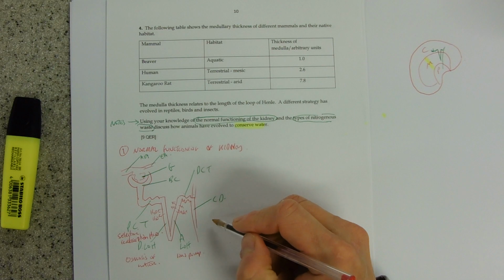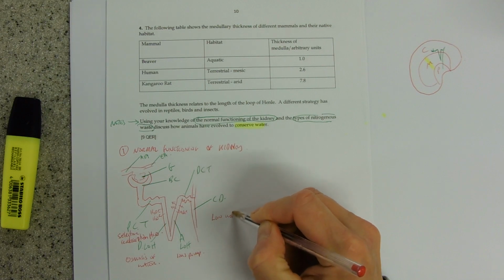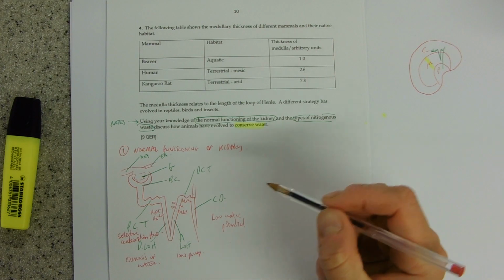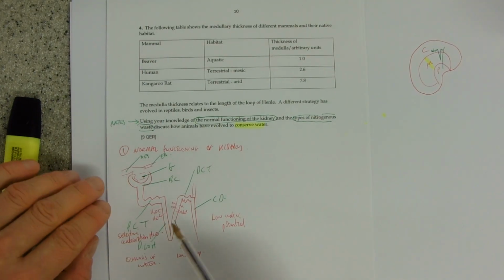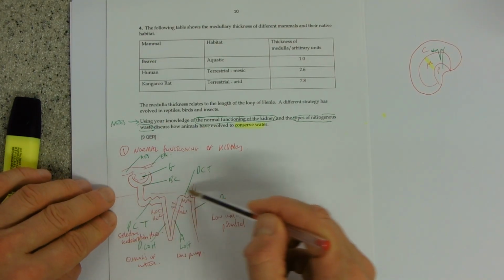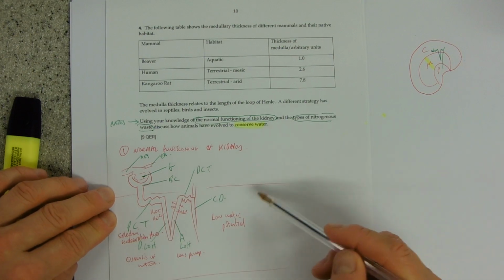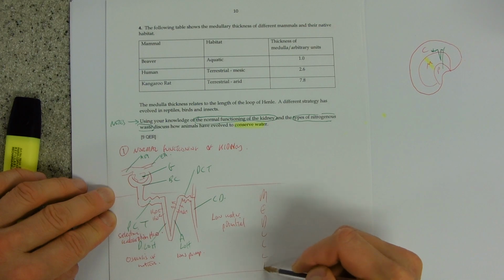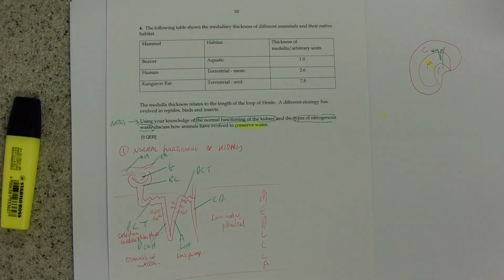because these ions are creating a low water potential in the medulla. So the medulla area is here. So this is the medulla.